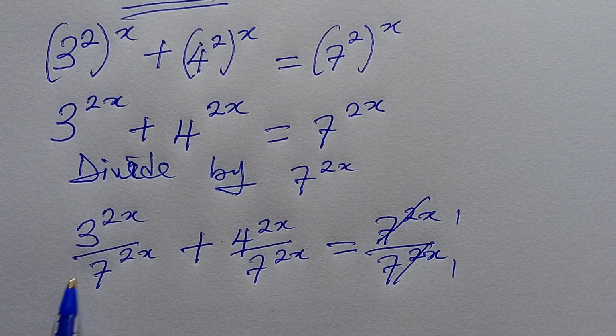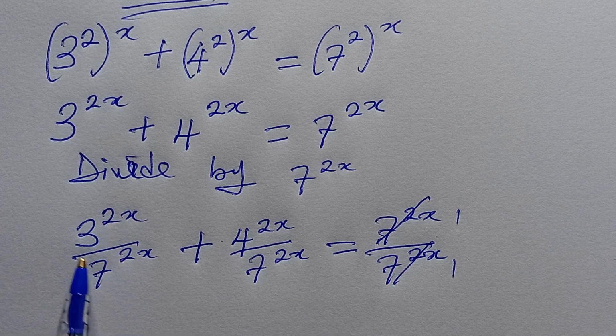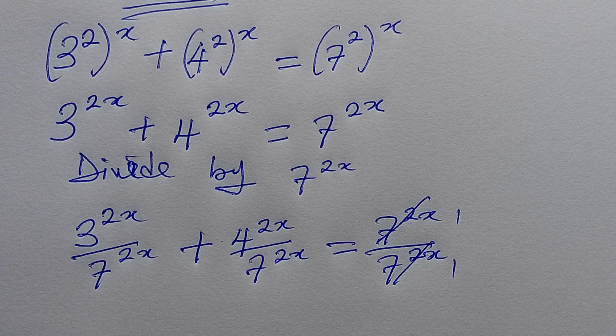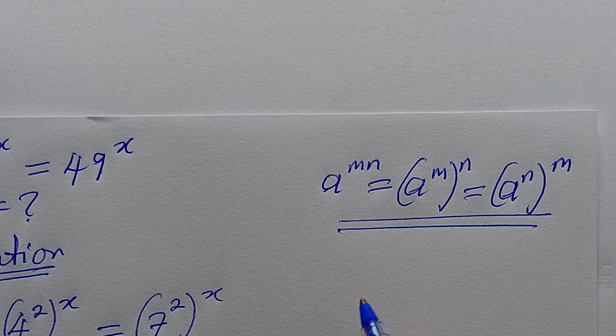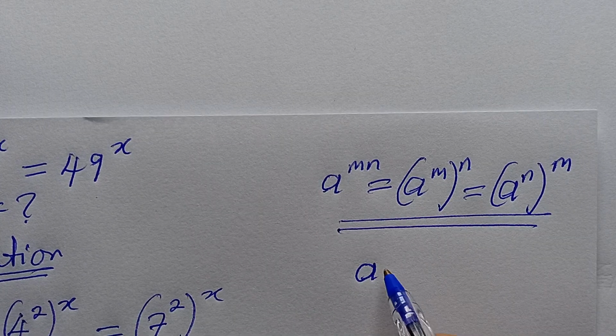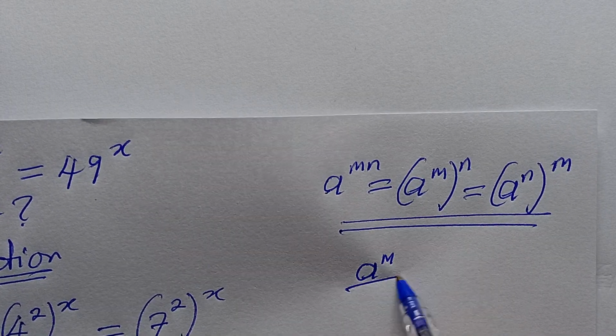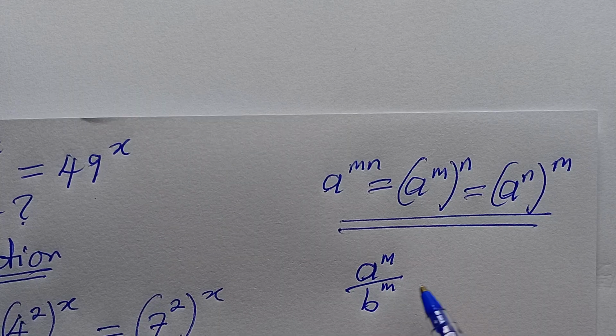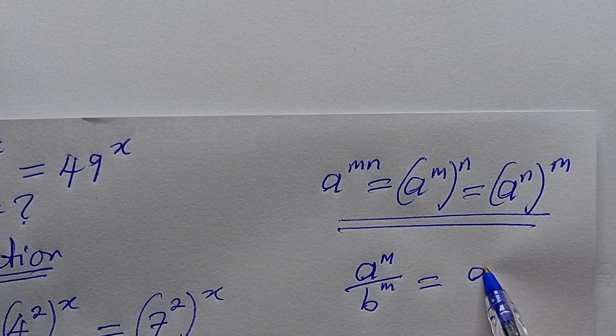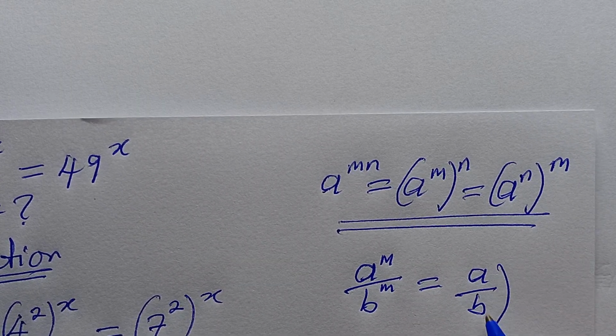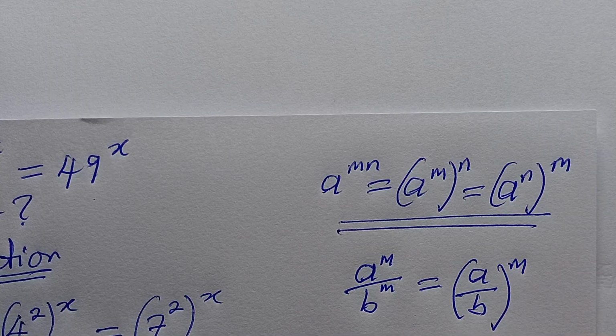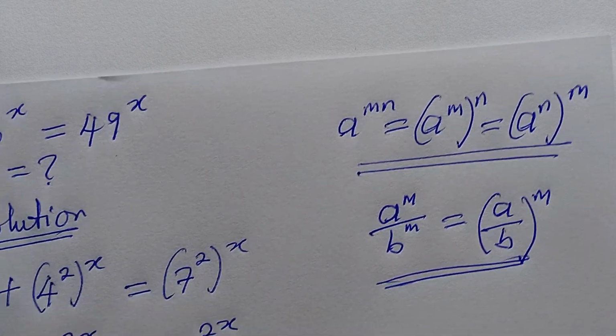All right. Now look at the powers we have here. They are the same, but the base numbers are different. We apply a law which says that a to the power of m all over b to the power of m is equal to a all over b, all raised to the power of m. This is another powerful law in indices.